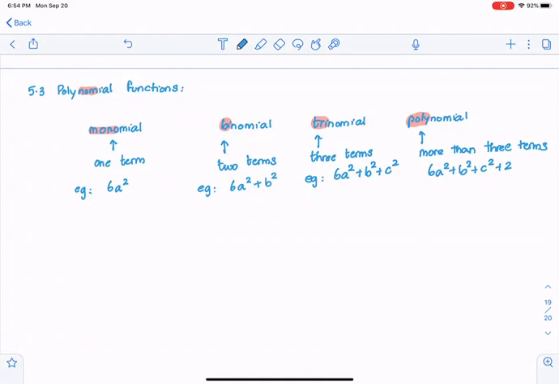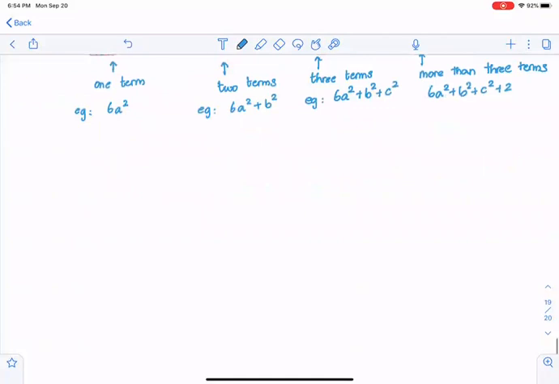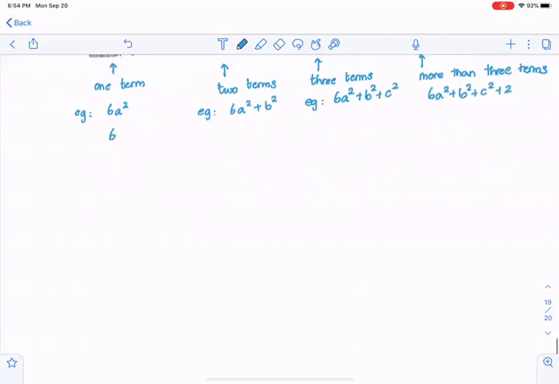Now, as you look at these expressions, you may wonder, well, do the terms have to be different? In other words, should they be different variables? No, absolutely not.